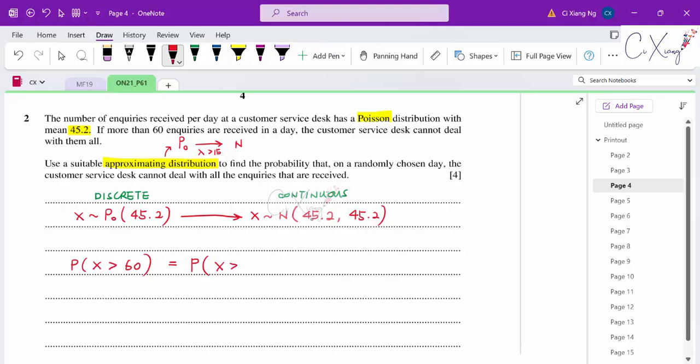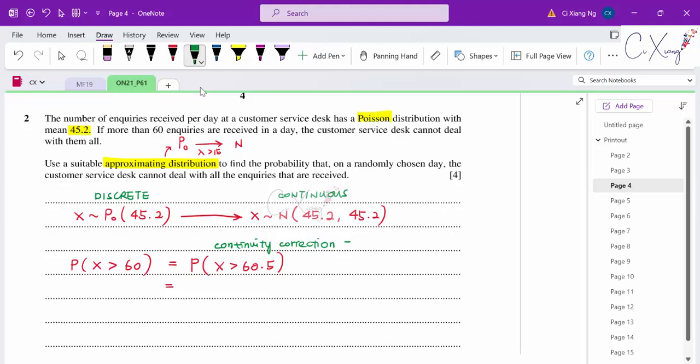For this case, it should be greater than 60.5. Again, to know the details of doing the continuity correction, I will put a link in the comment section, then maybe you can have a look at the particular video that explains the continuity correction.